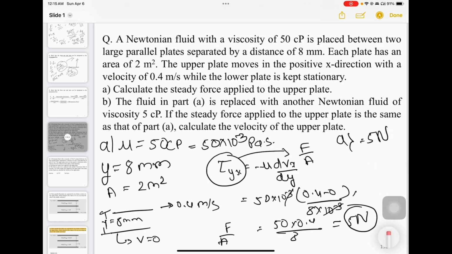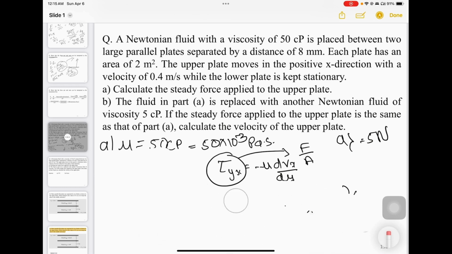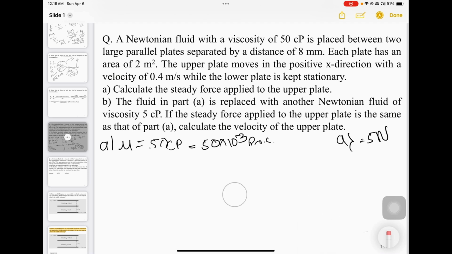Now for part B, the fluid in part A is replaced with another fluid with viscosity of 5 centipoise. Simple.